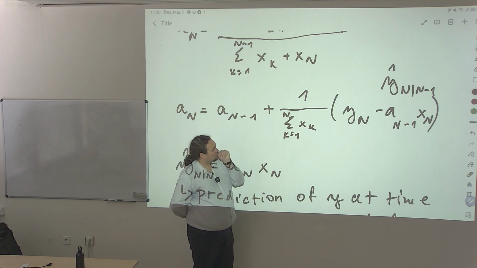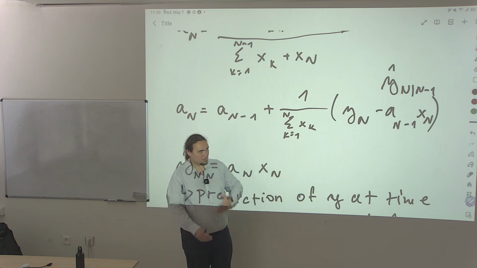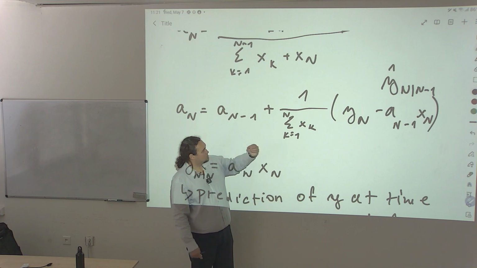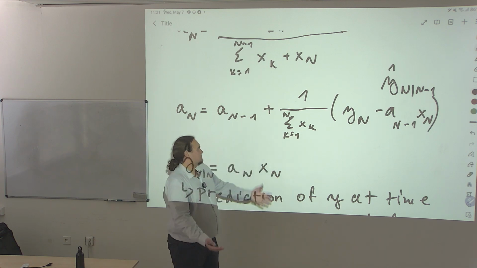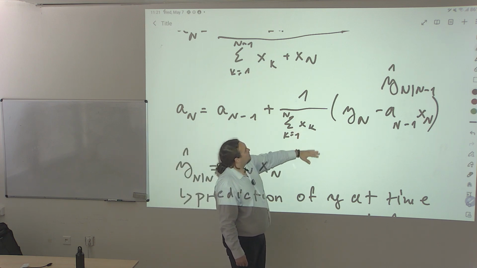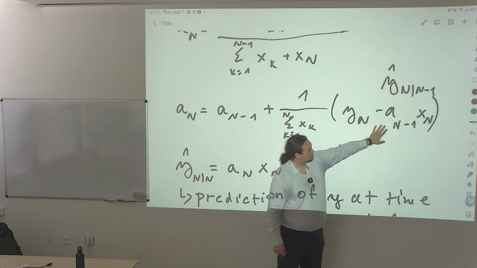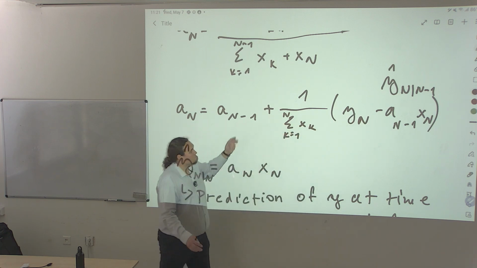What would happen along the time? Let's say we are just starting with using our model, just starting this recursive estimation. We just measured the first x, for simplicity let's say it's 1. So we just have 1 as our gain, multiplying this prediction error.